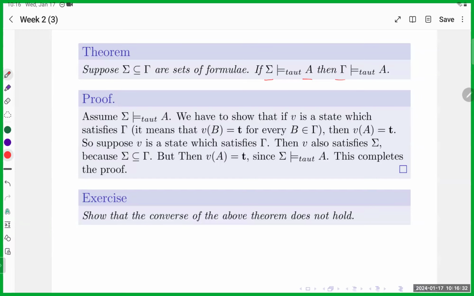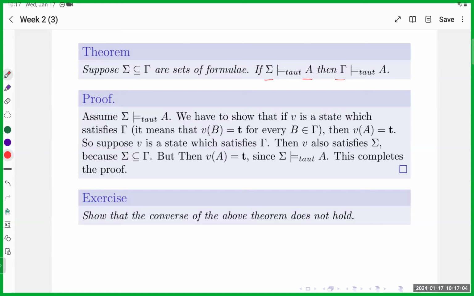Sigma is a subset of gamma means gamma has more formulas in it. At least it has all the formulas in sigma. Maybe they're equal, but at least it has every formula in sigma. So if you increase the number of your hypotheses, you can always prove what you could prove with the previous hypotheses. Just don't use the new hypotheses, right?